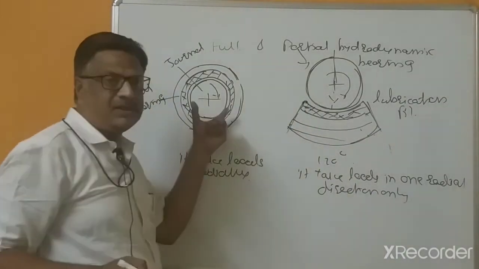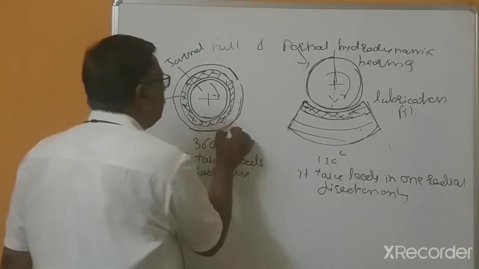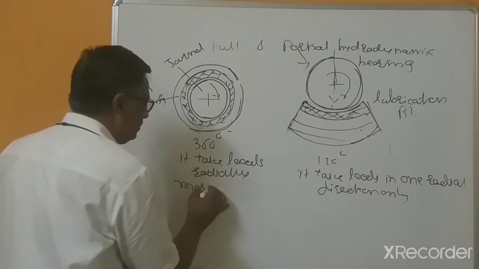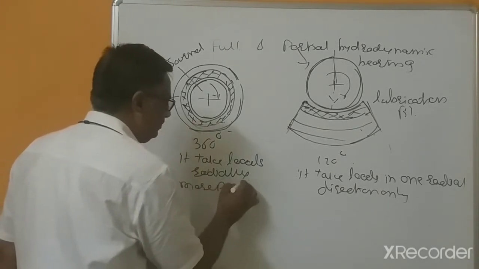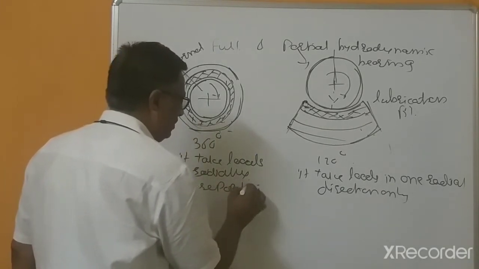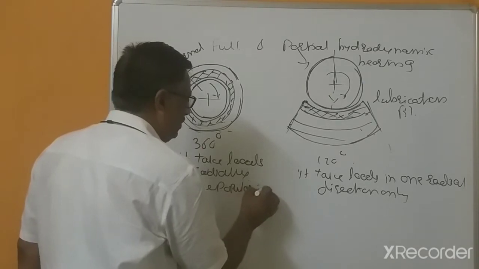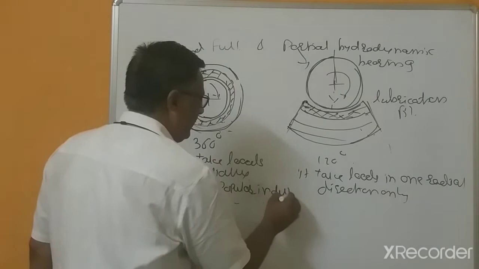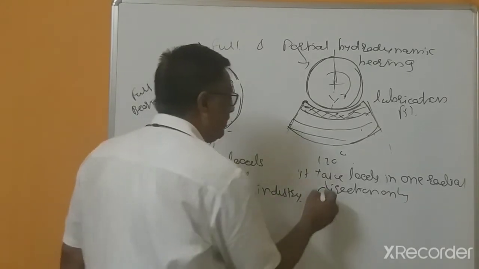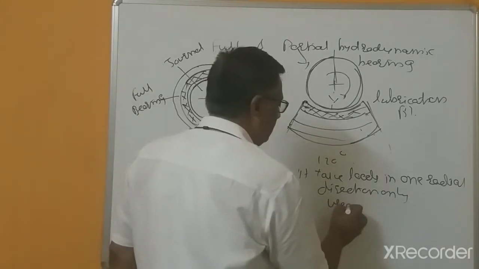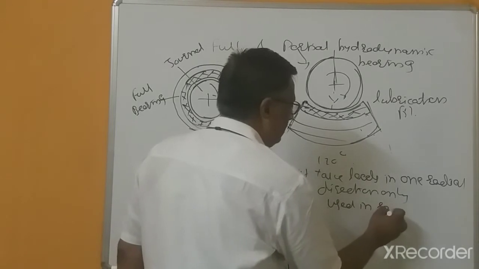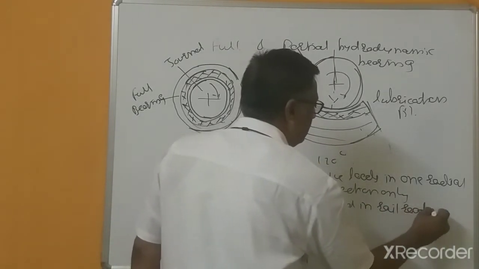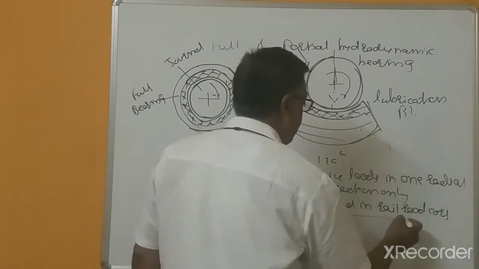The full bearings are generally more popular in industry, and the partial type is generally used in railroad cars or wagons.